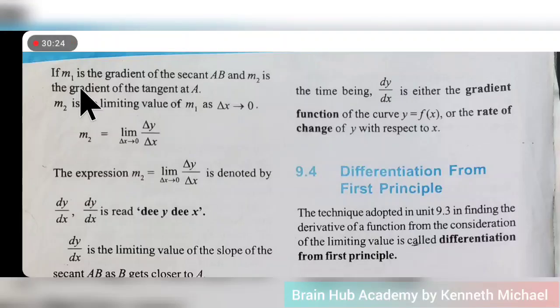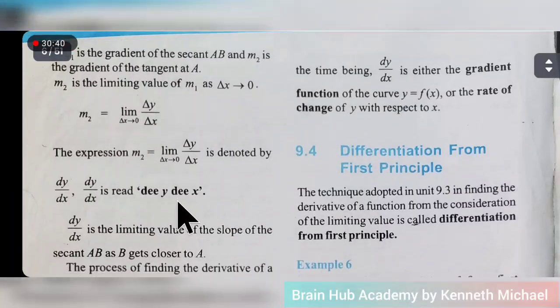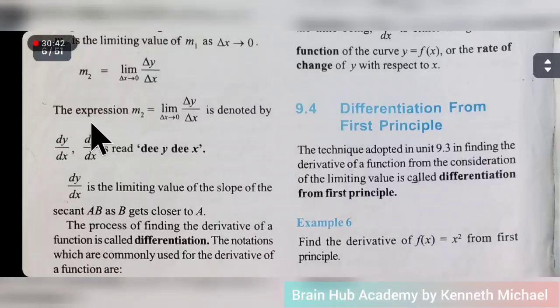So if m1 is the gradient of the secant AB and m2 is the gradient of the tangent at A, you see m2 is the limiting value of m1 as delta s turns to 0. I've explained all of this from my statement. So we can call this expression dy ds.